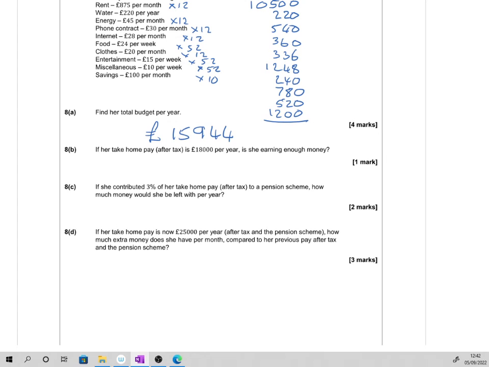If her take-home pay is £18,000 a year, is she earning enough money? Yes. If she contributed 3% of her take-home pay to a pension scheme, how much money would she be left with per year?